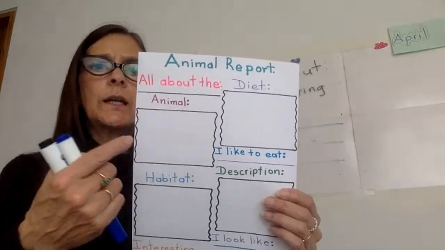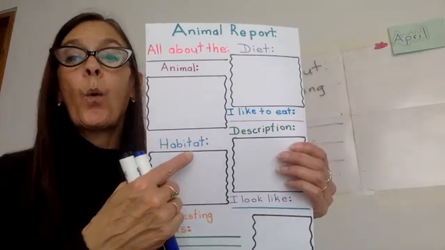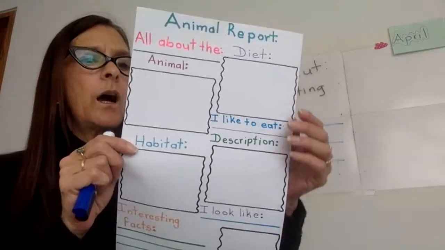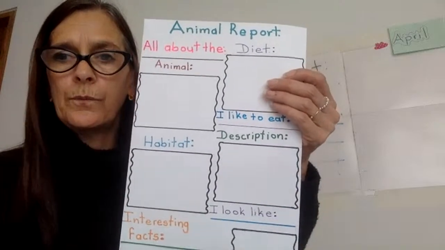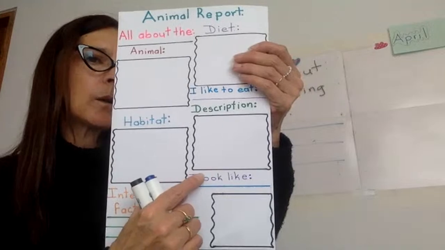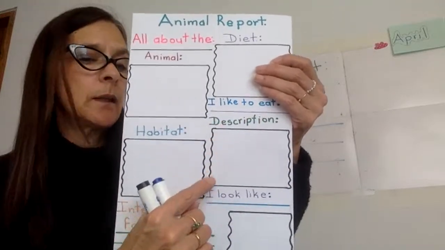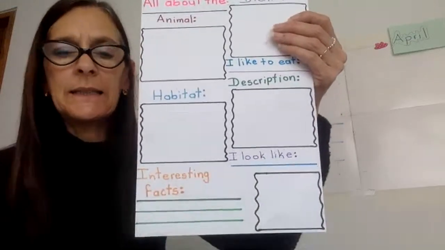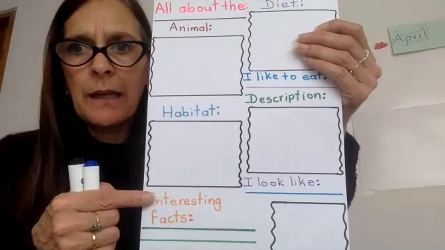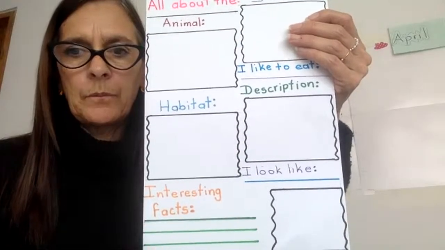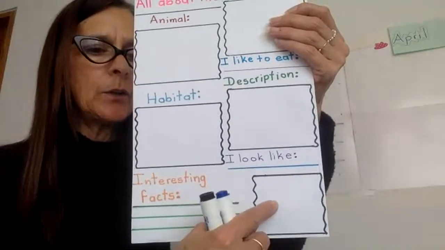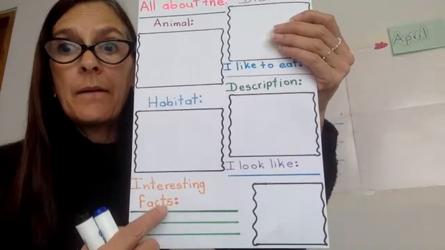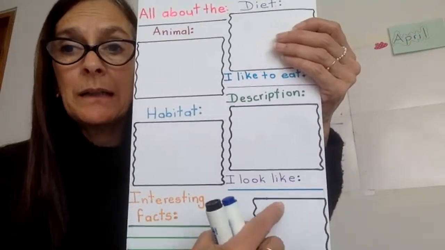So we just choose the animal, we make the picture of the animal, we draw the habitat, we draw the diet, we made a description of the animal, we wrote down what I like to eat, and here what I look like, and the last one is the something special they can do. And here in the box, we are going to draw the special thing that my animal can do.